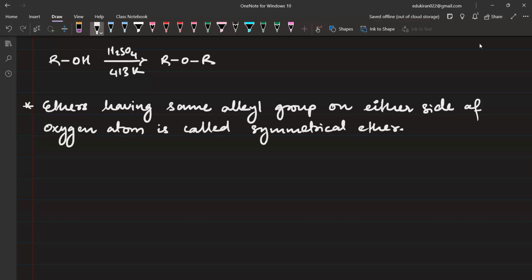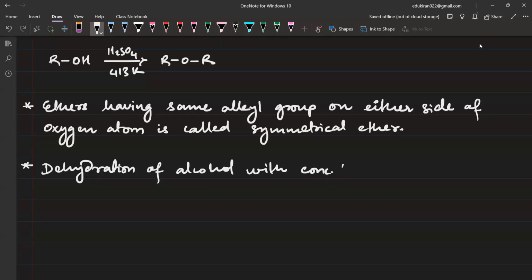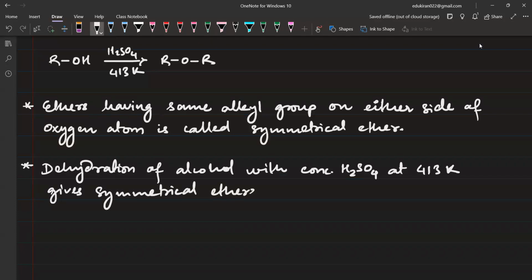Okay. So dehydration of alcohol with concentrated H2SO4 at 413 Kelvin gives symmetrical ethers.